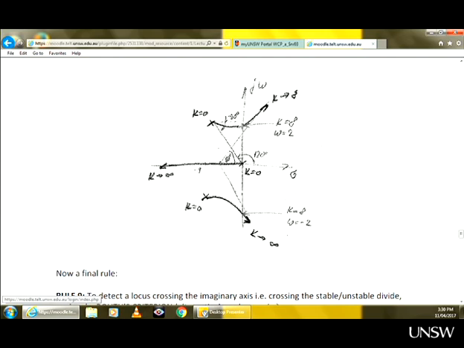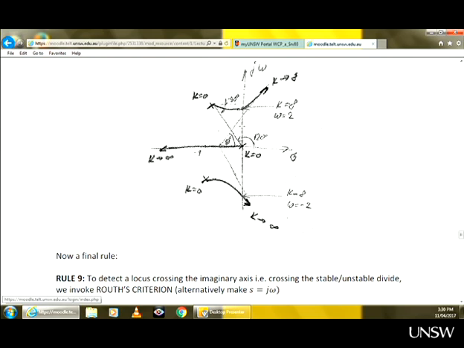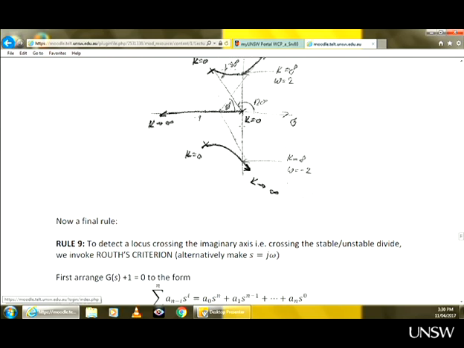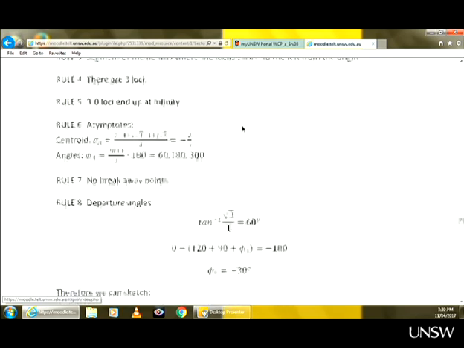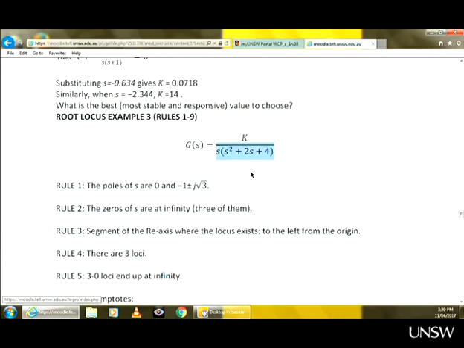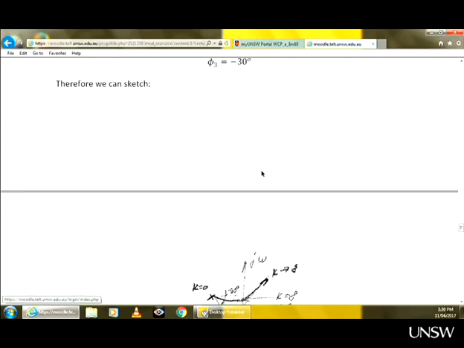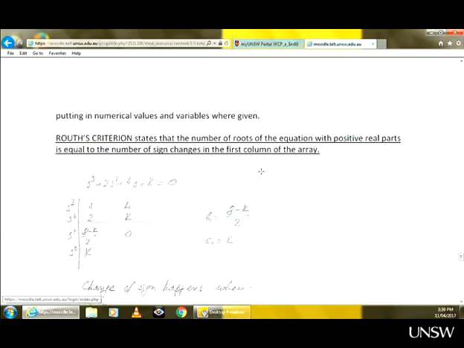And you will also find, when you get back here to the characteristic polynomial, that when k equals 8 and you solve for s, s equals plus minus j times 2.